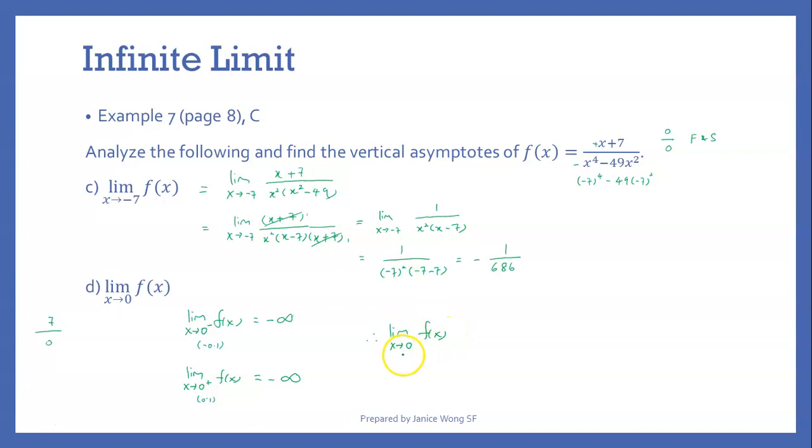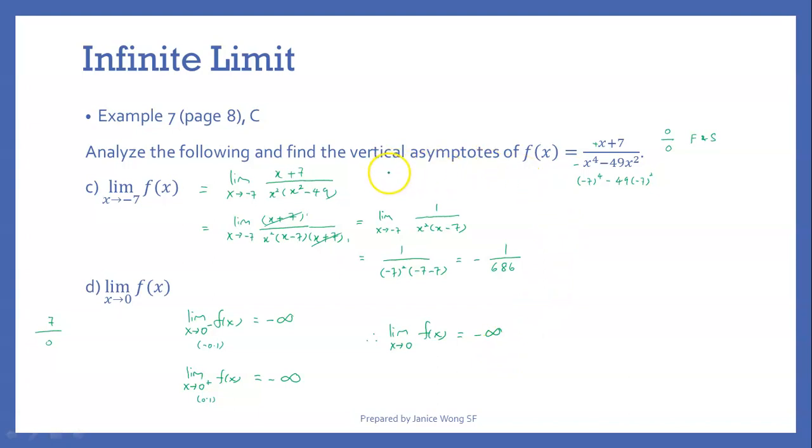The limit for f(x) when x approaches 0 will be, what do you think? These two both approach negative infinity, the same value, so the two-sided limit will be the same answer, negative infinity as well. Hope you understand.